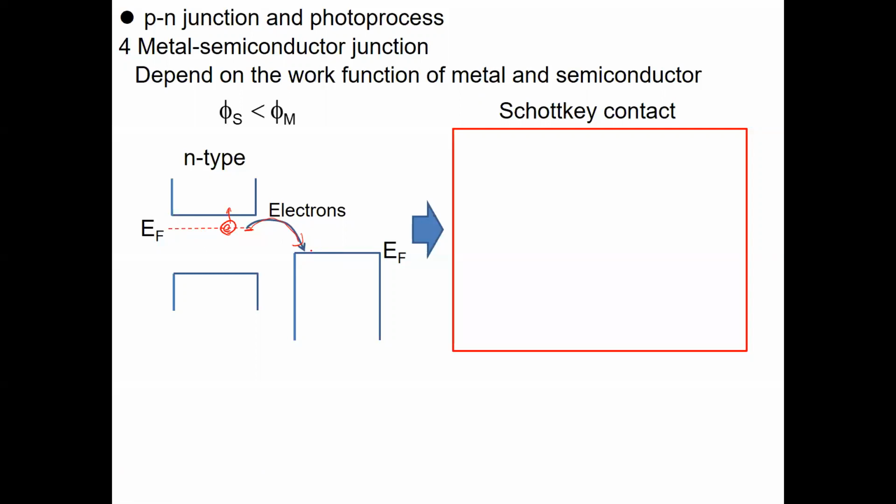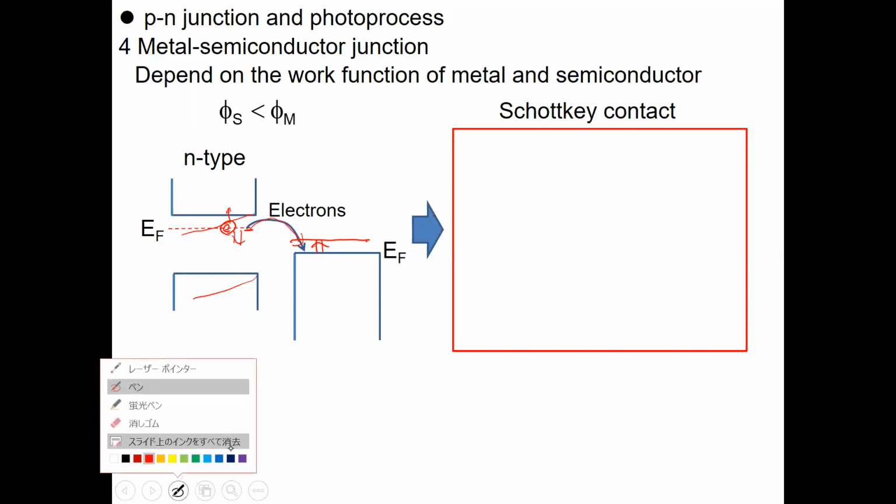On the metal side, you can easily change the new Fermi energy, but in the case of the semiconductor, you cannot easily change the Fermi level. The Fermi level is lower, but you cannot change the band suddenly. So the band is gradually changing, something like that.